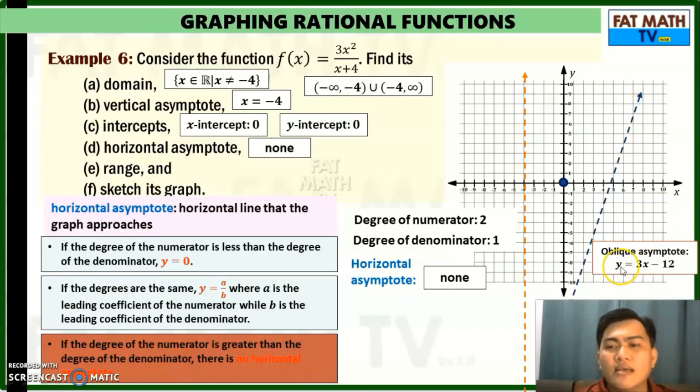So y equals 3x minus 12 will be the oblique asymptote. So it's also an asymptote, but it's a slanting line, not horizontal nor vertical. It's called an oblique asymptote, which is beyond general mathematics. So let it be like that. For sure, your teacher will not ask you anymore for the range of this function and to sketch its graph.